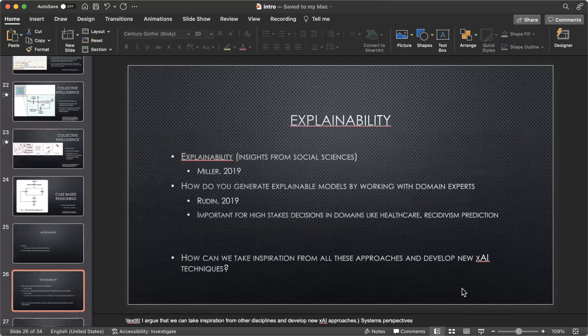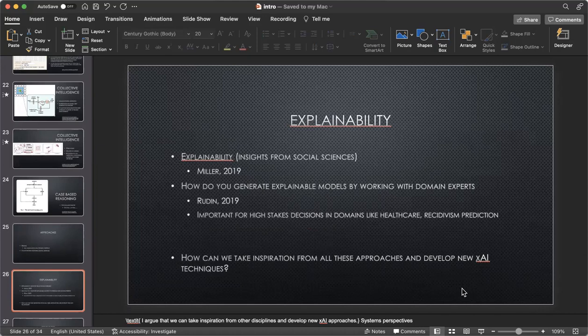And lastly, I have a few papers on explainability. Naturally, Miller in 2019 looked at what explainability really means, and how one can learn from the social sciences and use those insights to generate new explainable AI algorithms. So there's an excellent paper on that.